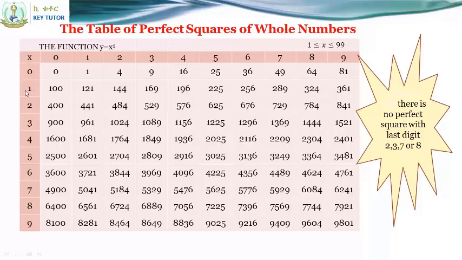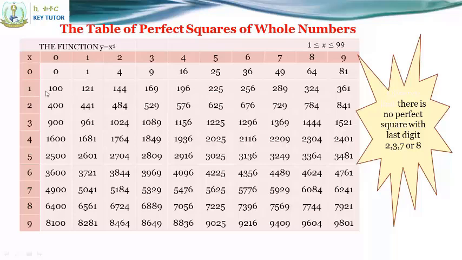Take row header 1 with column header 0. It gives us the cell 10, which is 10 squared, which is 100. Likewise, row header 1 with column header 1 together gives us 11 squared, which is 121.